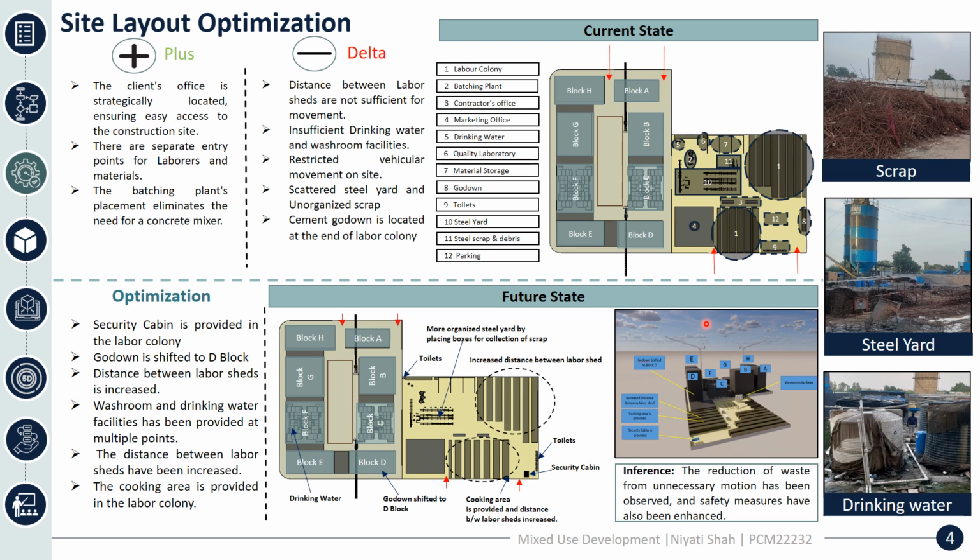In the future state, the distance between the labor sheds has been increased, as it was not sufficient and caused the risk of fire and unhygienic conditions. The steel yard has been properly organized, with boxes placed for proper placement of steel scrap bars according to diameter and size. Toilets have been located in 2 places, here and here.